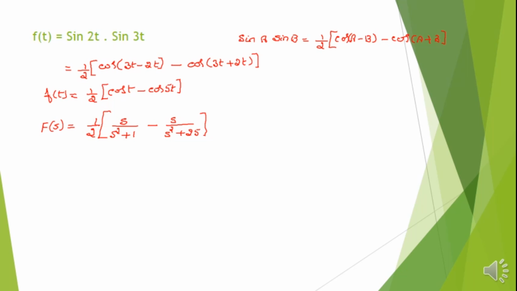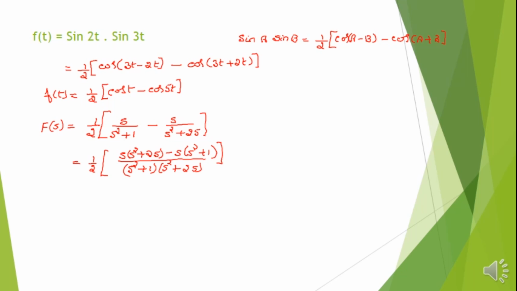After simplification, half into, take the LCM, s square plus 1 into s square plus 25. In the numerator, s into s square plus 25 minus s into s square plus 1.